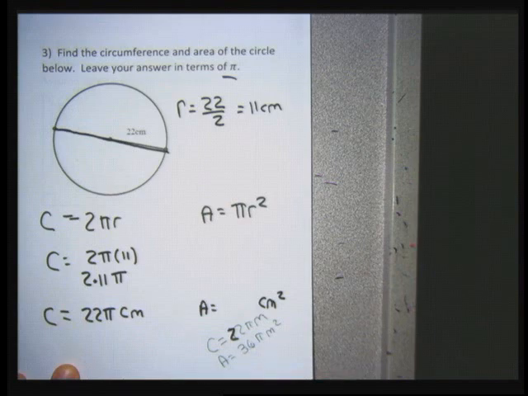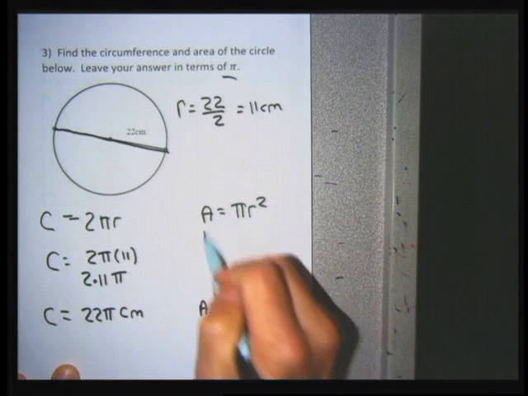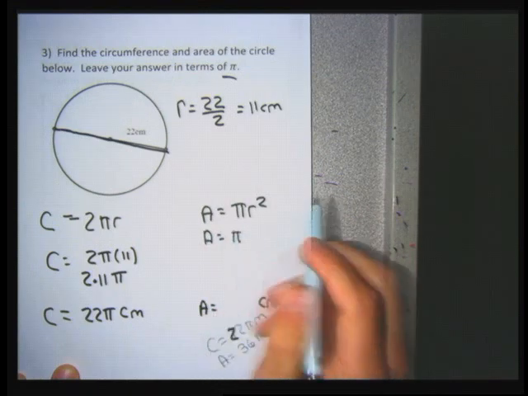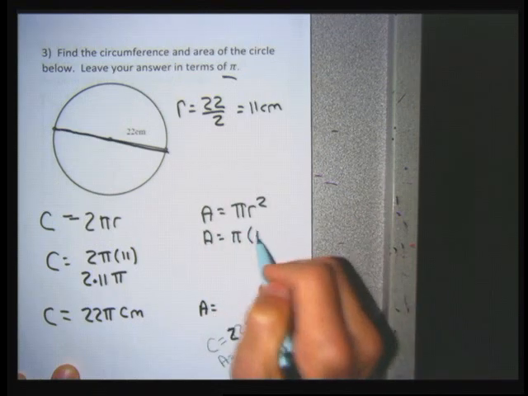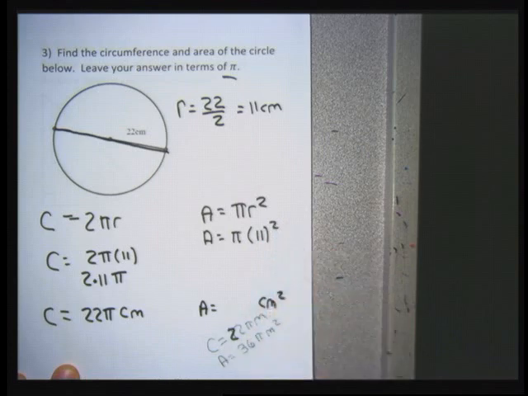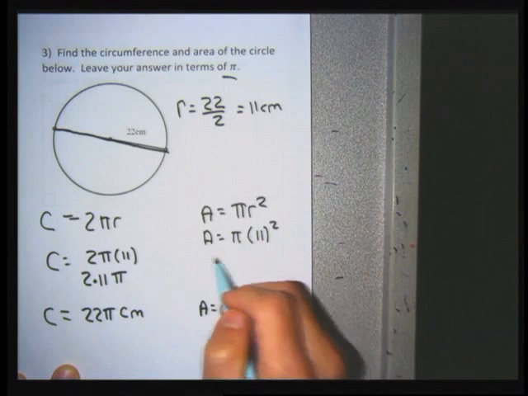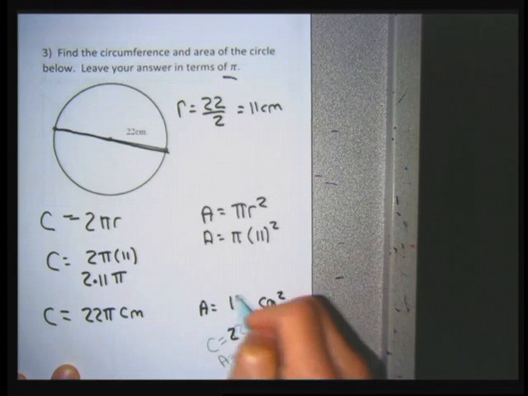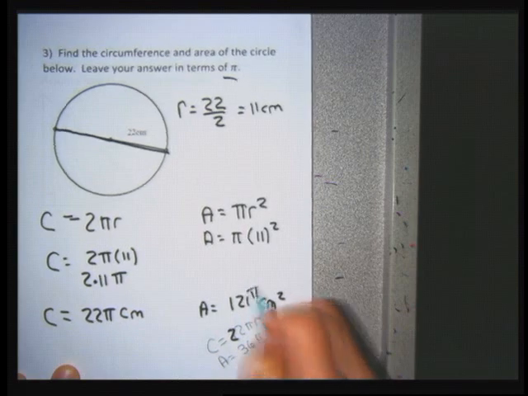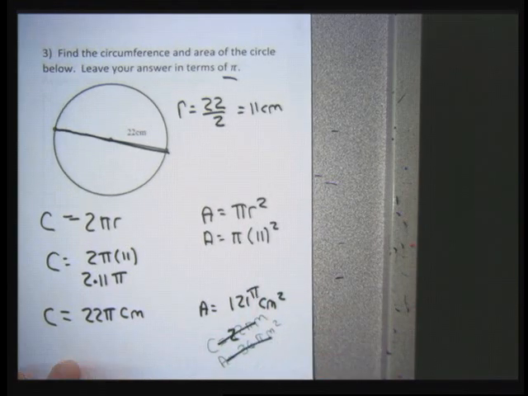And then for the area, I'm going to go area equals pi times 11 squared. And 11 squared is 121. So that's going to be 121 pi centimeters squared. And that answer doesn't feel right either. It's kind of disturbing. Check this out again.